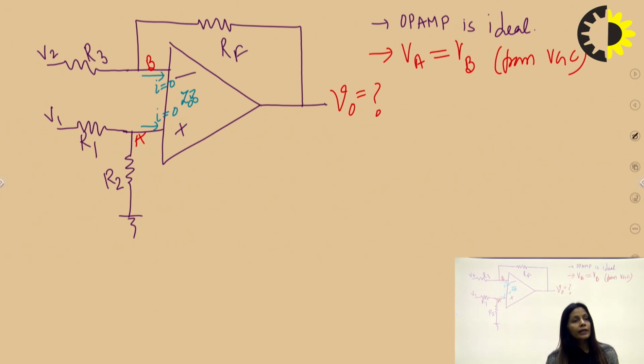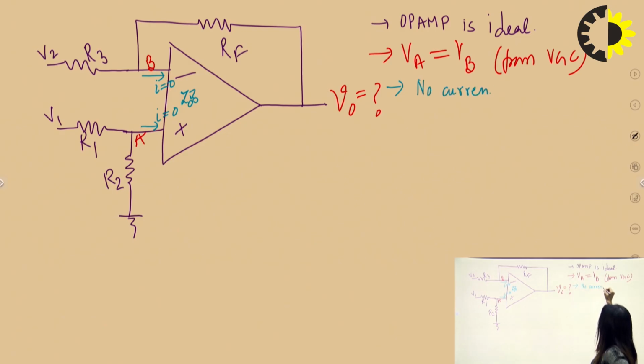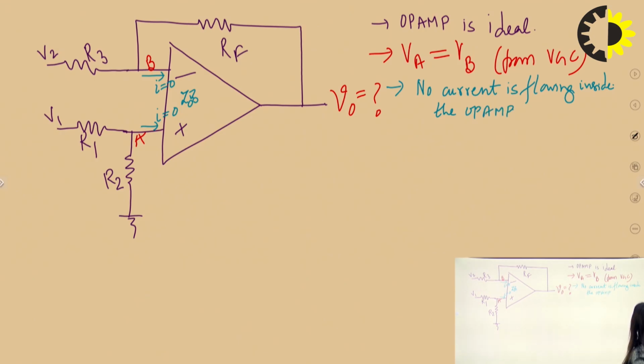So there is no current going inside the op-amp because it offers an open circuit, and no current flows in an open circuit. So there is no current inside the op-amp. We can write it: no current is flowing inside the op-amp.